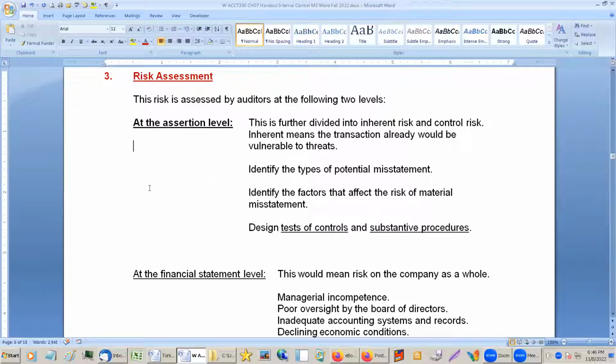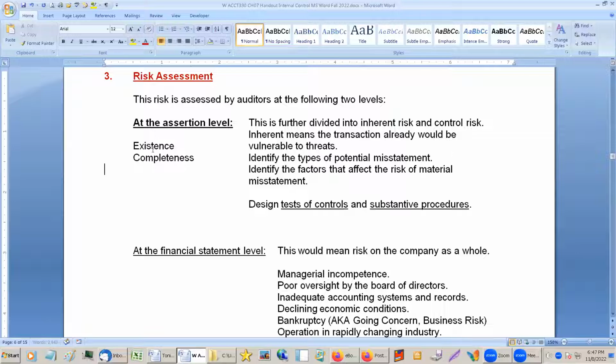The assertions are existence, completeness, all that kind of stuff.